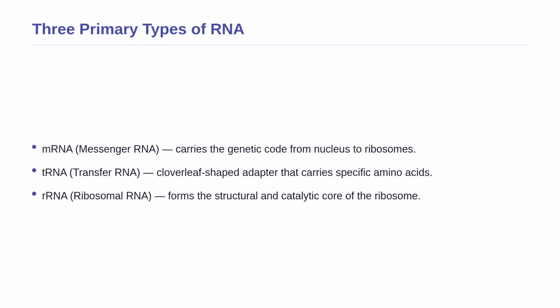It is a small cloverleaf-shaped molecule that brings specific amino acids to the construction site. Finally, ribosomal RNA, or rRNA, forms the actual factory machinery of the ribosome itself, physically linking the amino acids together. They are the unsung heroes of the cell.